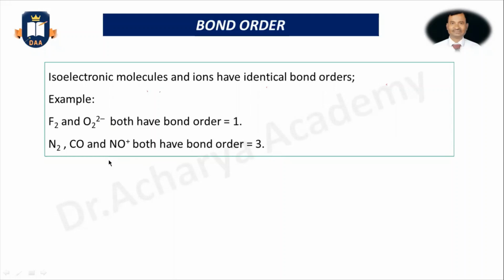Another isoelectronic set of 3 species is the nitrogen molecule, the carbon monoxide CO molecule and the NO plus cation. These 3 species have the same number of electrons and bond order 3.